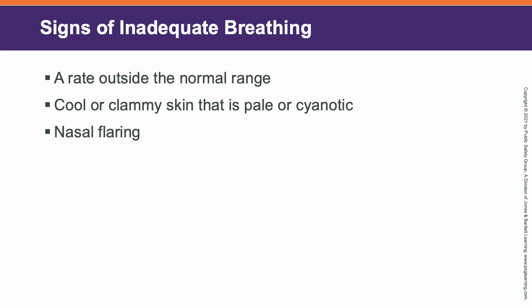Some other signs of inadequate breathing. First of all, if their breathing rate is outside those normal ranges, that's abnormal, something that we need to look at. Other things to look for: cool or clammy skin that is pale or cyanotic. The word cyanotic means blue. Cyan is a shade of blue, and in medical terminology, that means that it is turning blue. So if somebody's skin is turning blue, that means they're not getting oxygen to their tissues, and that is a concern.